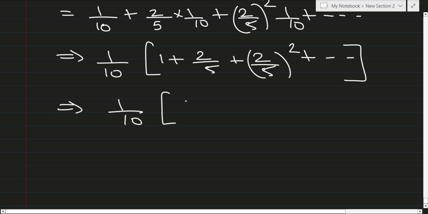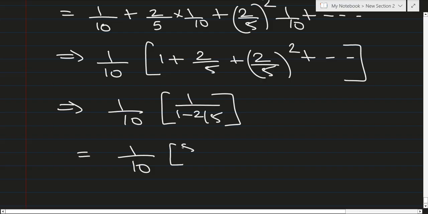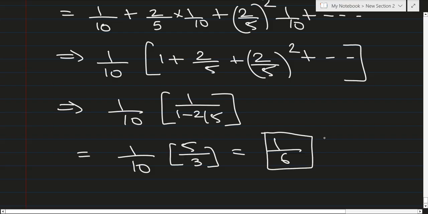We apply a upon 1 minus r, that comes out to be 1 by 10 times 5 by 3, that is 1 by 6. Okay, so this is the case 1 probability.